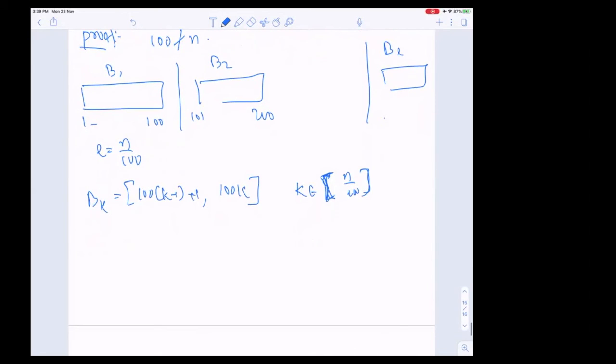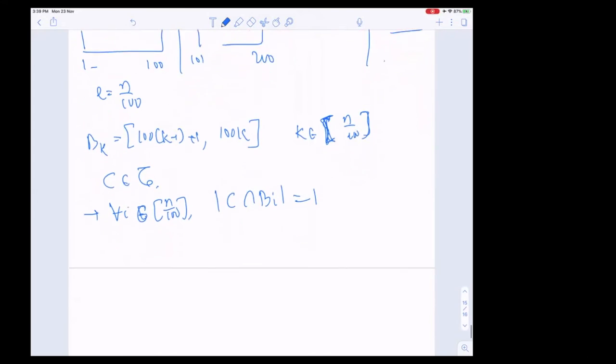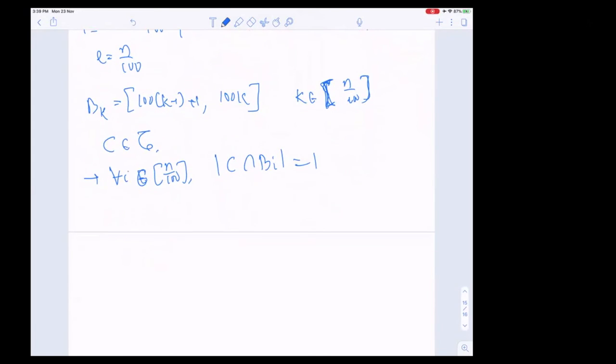Now, the way we will construct our C, we'll have the property that for all i up to n over 100, C intersection B_i is exactly equal to 1. What is the construction? It is very simple.